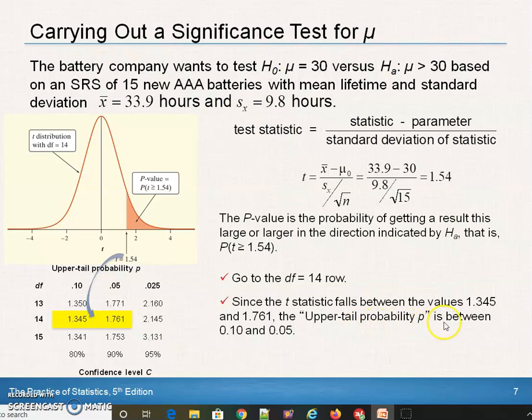So the upper tail probability p is between 0.1 and 0.05. The p-value then is between 0.05 and 0.1. That area, we can find out exactly what that is by using our t-distribution on the calculator also.